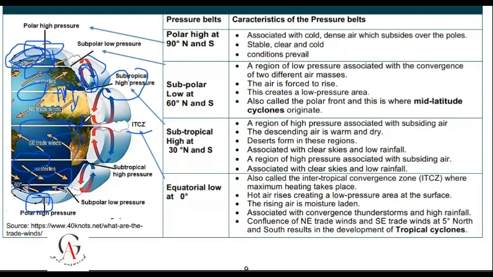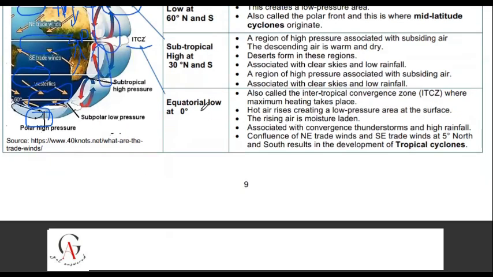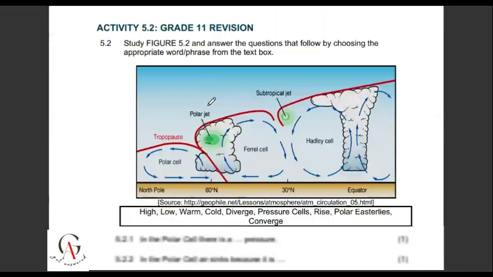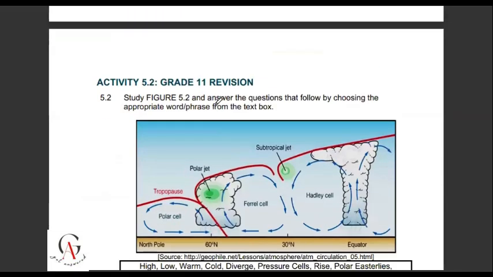It's going to meet there, converge, uplift and create another circulation cell. This is the circulation cell, and we also have another circulation cell happening there. So we are looking at those three circulation cells which exist as a result of the differences in pressure along the different climatic regions and different pressure belts.